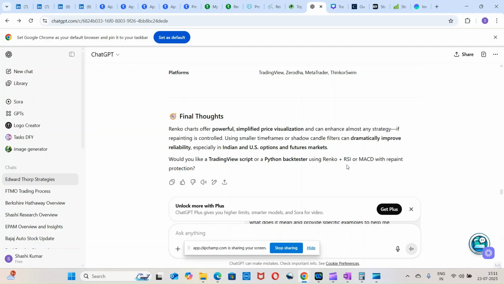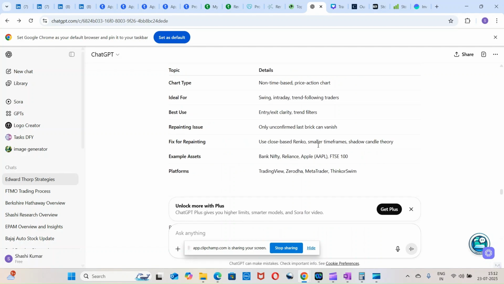To control the repainting, you could use a lot of things like smaller time frames, shadow candle filters, close price, ATR Renko. So this will help new traders to easily identify the trade and do trading.